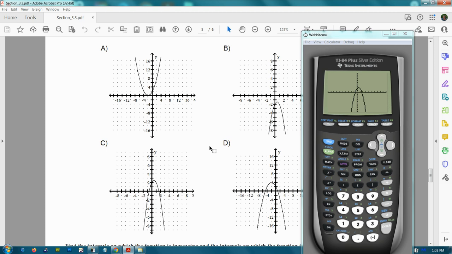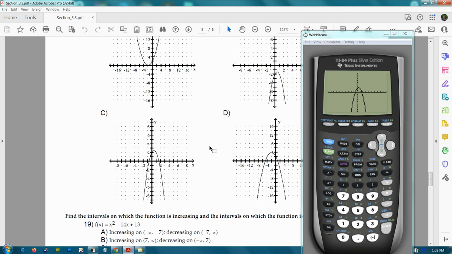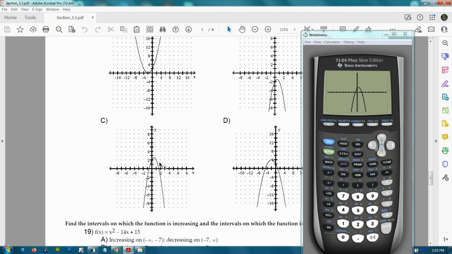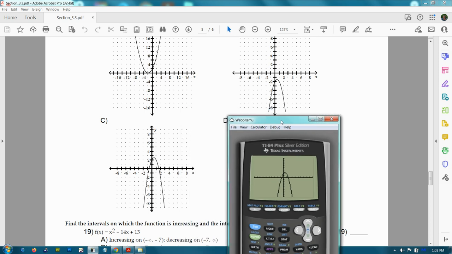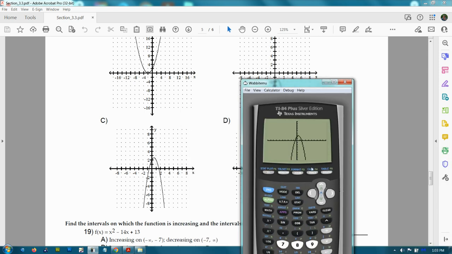Which one does this look like? It sure looks like we've got letter C here for number 18. If I put it right next to it, you can see your vertex is in the first quadrant.